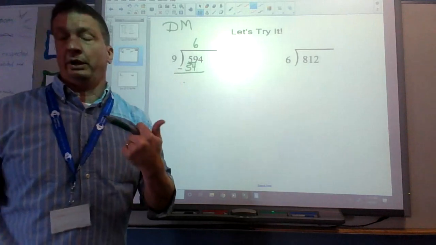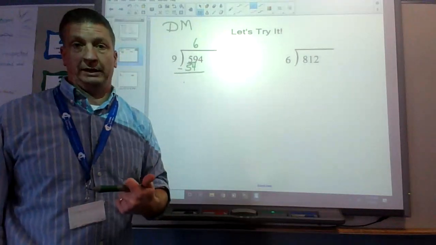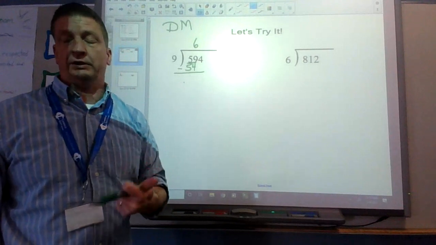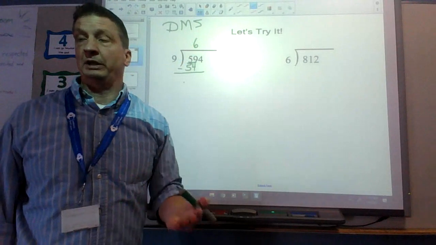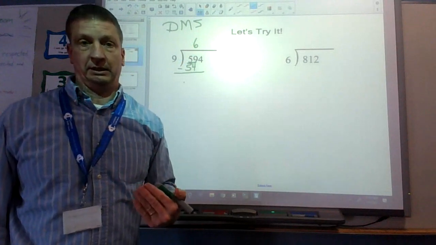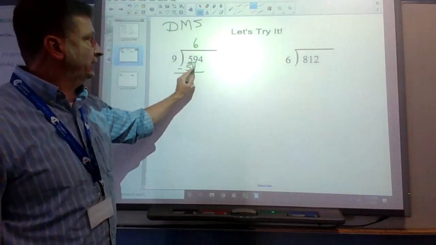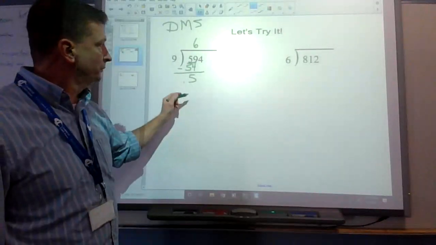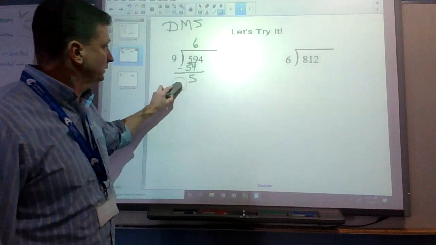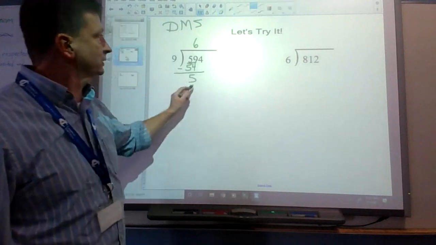I've come up with 54 of those divided evenly. So I need to subtract, which is sister, to figure out how many pieces I haven't divided evenly yet. So 9 minus 4 is 5, and 5 minus 5 is going to be 0. Let me get rid of that pencil mark there.